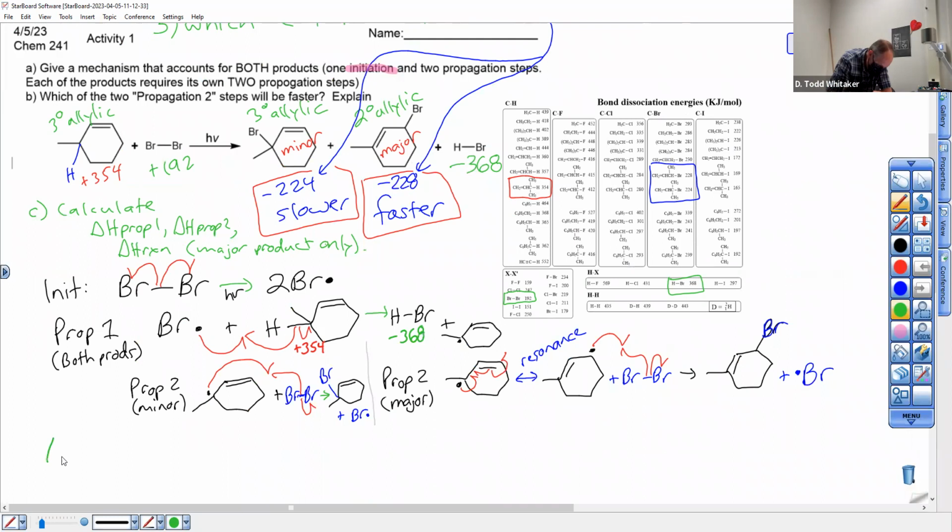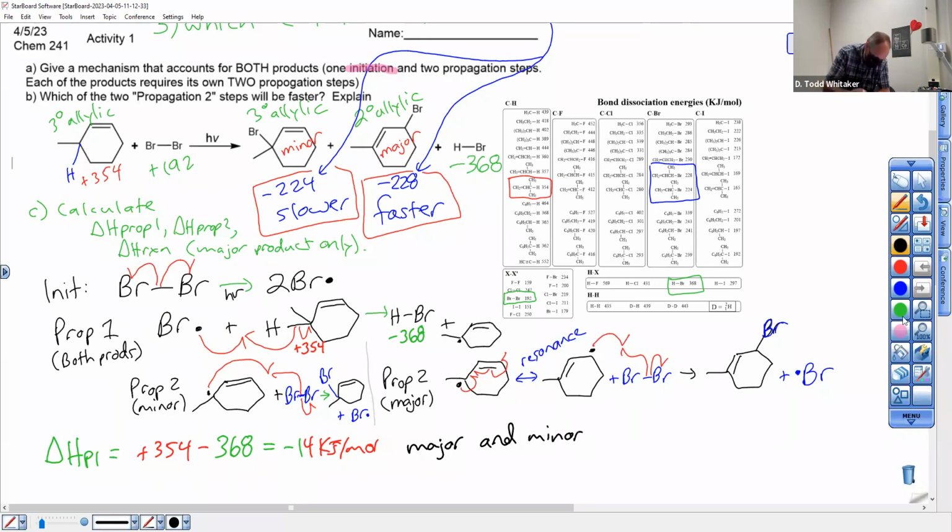Delta H prop 1 for both reactions is positive 354 minus 368, exothermic to the tune of negative 14 kilojoules per mole. That's major and minor.